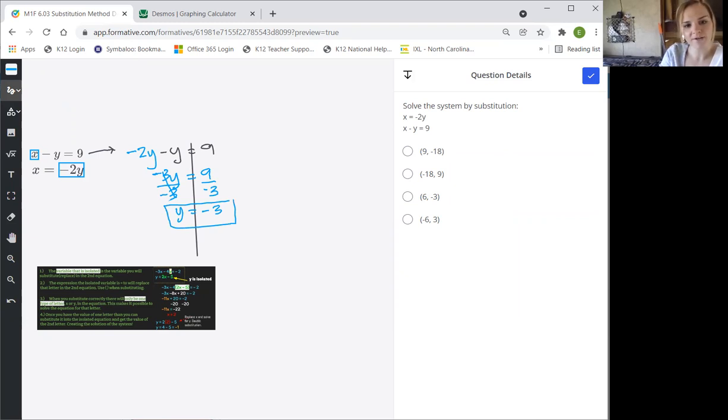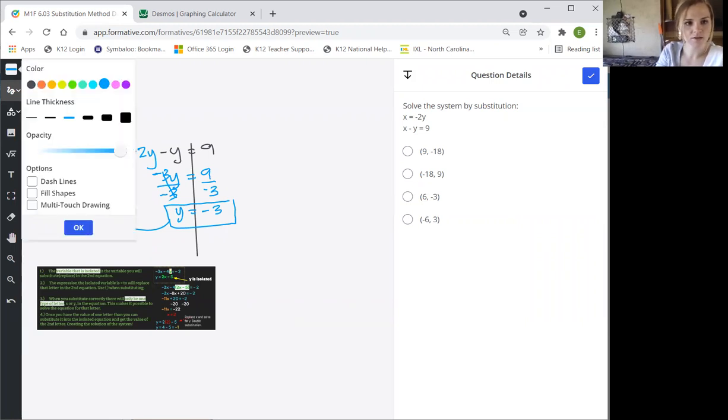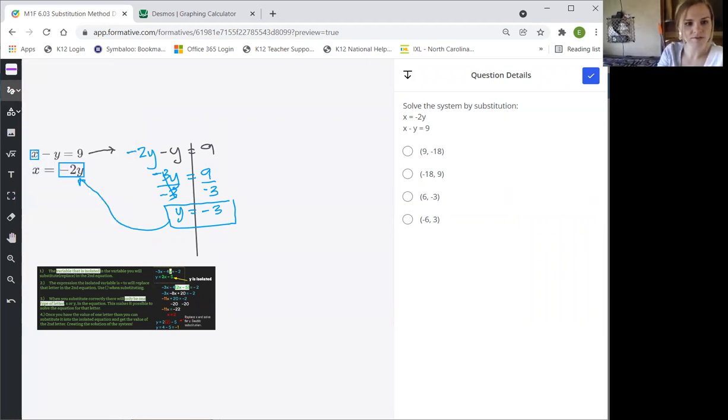Okay, then we need to go back and find our x value. So we want to plug it into the one that's already solved for x. When we do so, we get x equals negative 2 times negative 3. So that's x equals 6. Put them in the correct ordered pair. That's (6, -3).